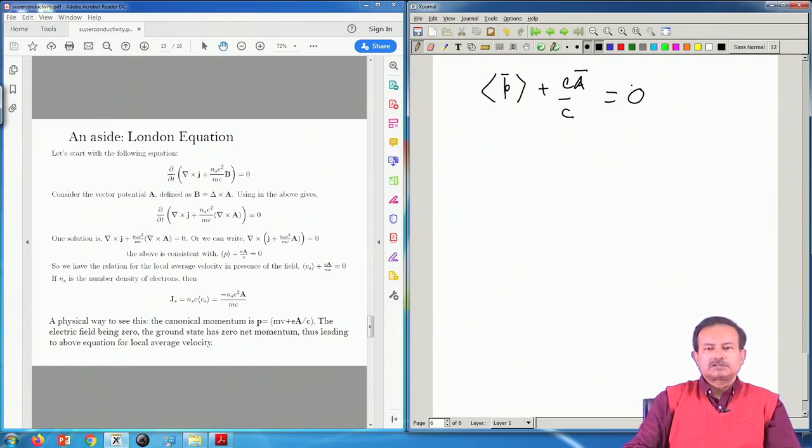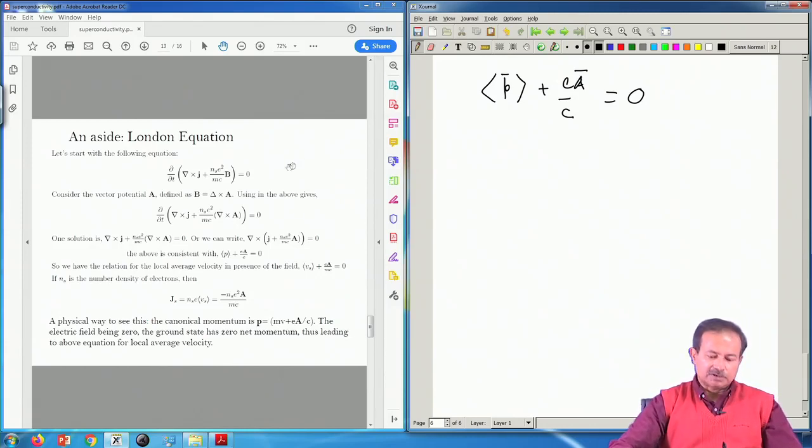This was Bloch's assertion that in the ground state the ground state will carry no net momentum, and this is actually consistent with what London had written down. So, that is what we showed.